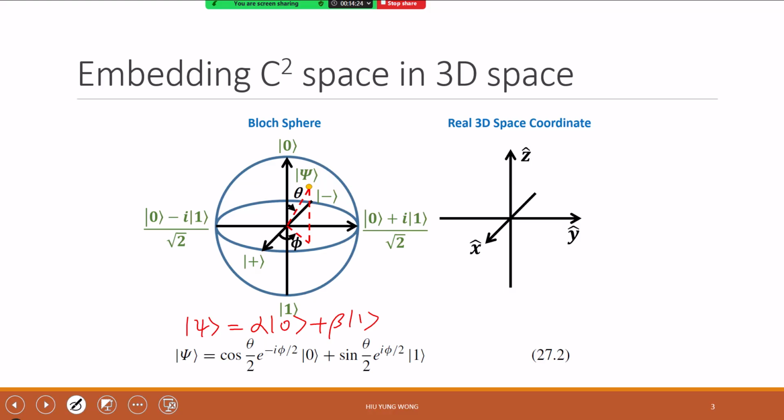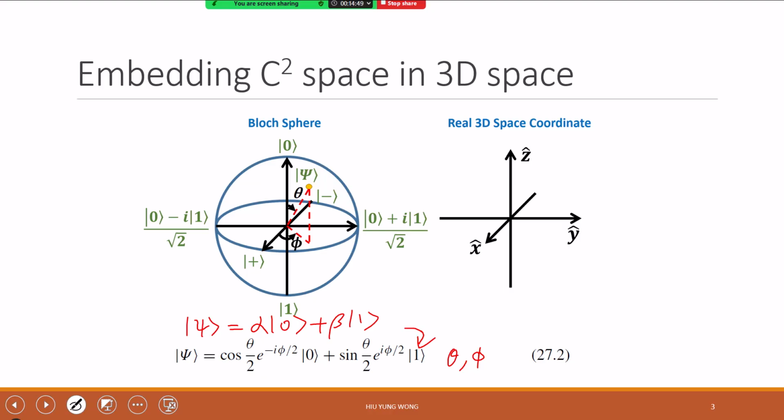We also say that it has to be normalized to unity. And that's why it becomes 2 degrees of freedom, that you only need two parameters to describe it. One is theta and the other is phi. Okay, now, which is good, right?